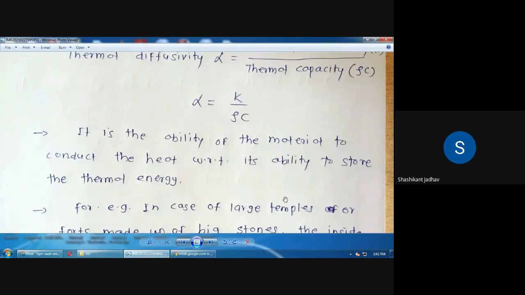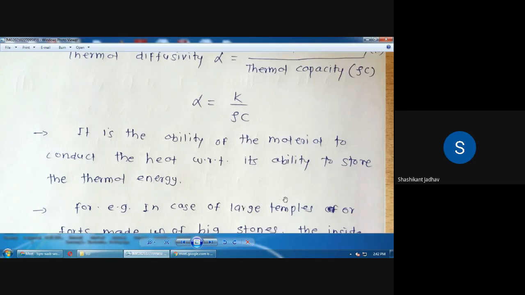To get the relation between the two, I have to understand the concept of thermal diffusivity. So if alpha is higher, it means that material will conduct more heat as compared to storing.